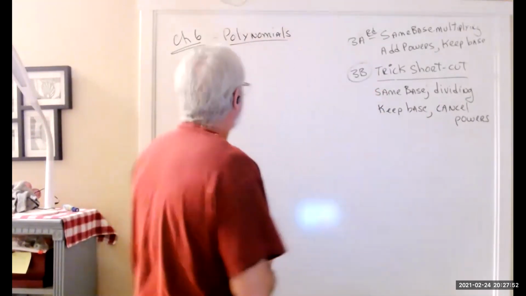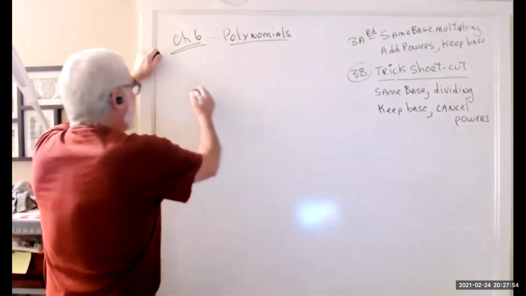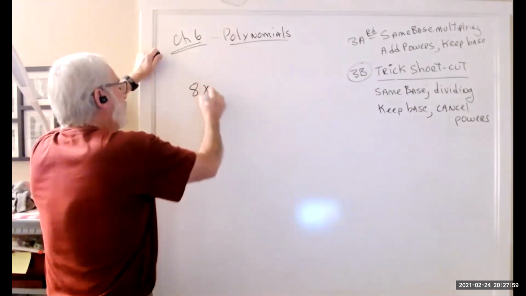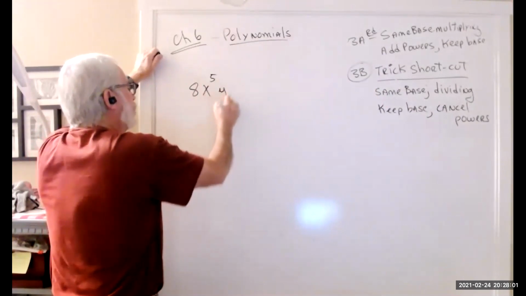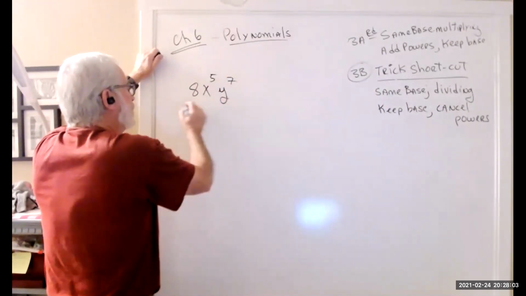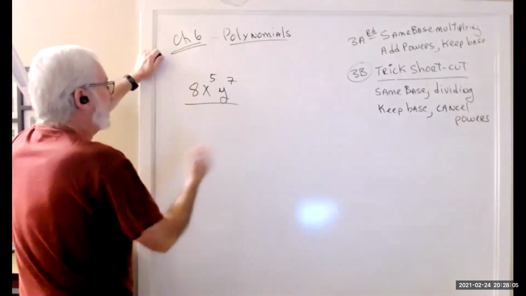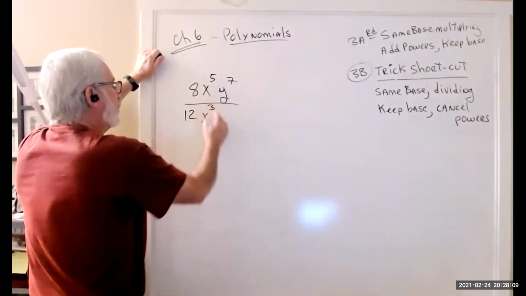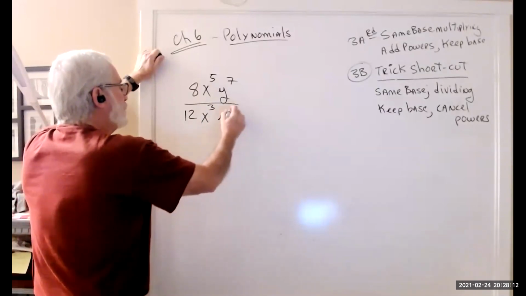Let me show you what I'm talking about here. What if you had 8x to the 5th, y to the 7 divided by, I don't know, 12 x to the 3rd, y to the 9th.